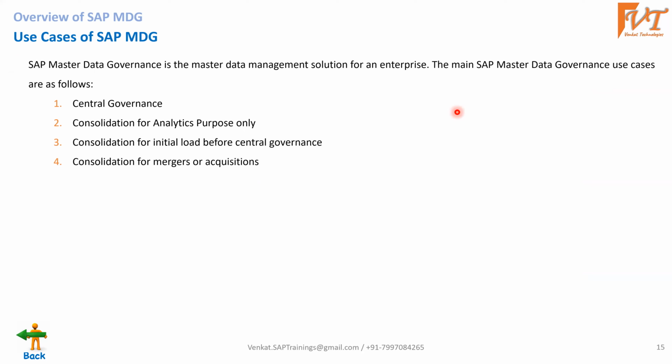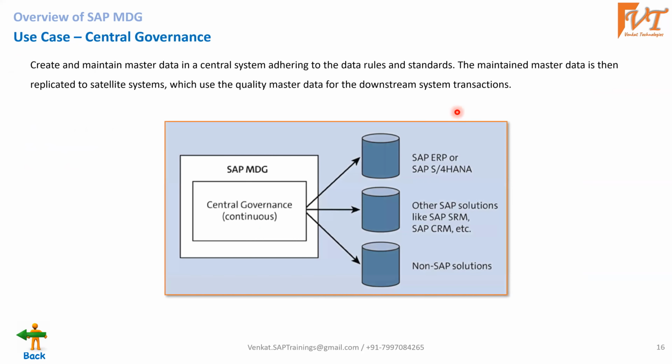Now let's move on to various use cases. A small introduction about central governance. So let's say this is our MDG system. Okay. It's integrated with various types of systems, ERP and other SAP and non-SAP solutions.